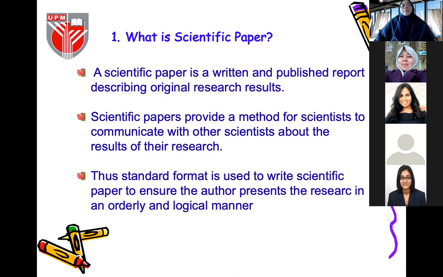Scientific papers provide a method for scientists to communicate with other scientists about the results of their research. Definitely, okay? This is a way of communicating between scientists. As for me, to know scientists in other countries, it's difficult for us to communicate even with emails.